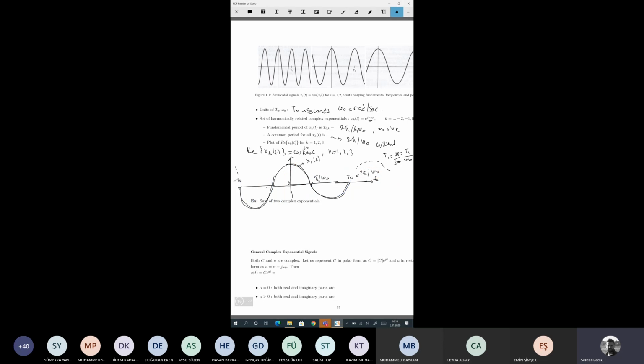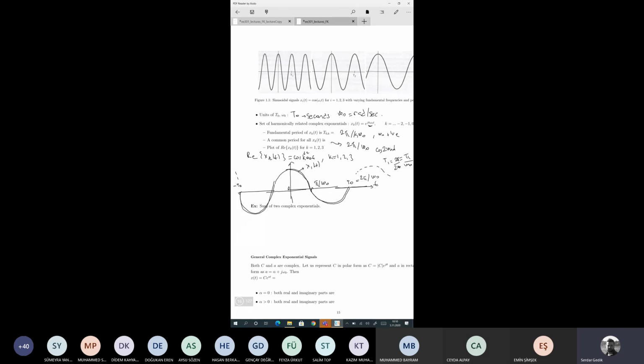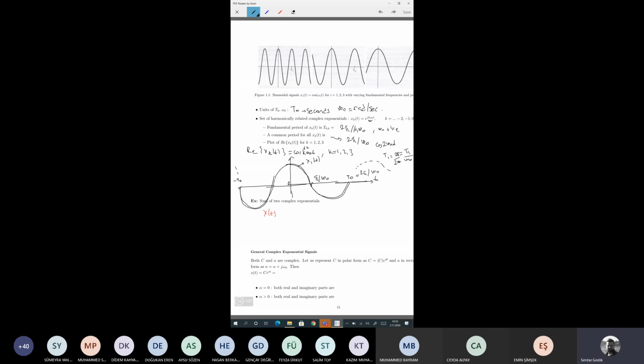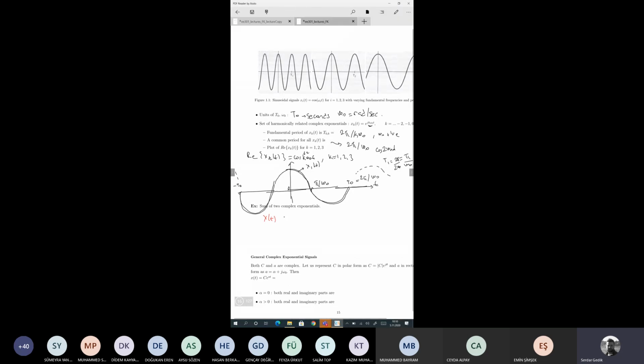What about the sum of two complex exponentials? Let's say I have x of t defined as e to the power j t plus e to the power j 3t. In order to sum them, I factor out e to the power j 2t. Then in this form, I have e to the power j 2.5t times the quantity e to the power j minus 0.5t plus e to the power j 0.5t.